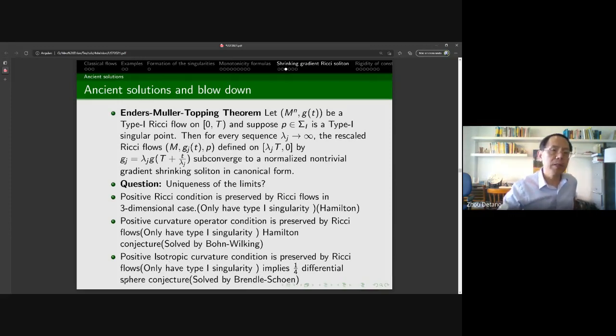So using this, they proved the quarter pinched differentiable sphere theorem, which was done by Brendle and Schoen in 2006. Of course, it remains open if you can find some other conditions which are preserved by Ricci flow.